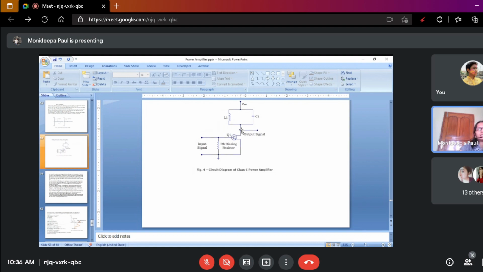That means, if you want only the 10 kilohertz signal, then by adjusting the values of L and C, we can pick up only the 10 kilohertz signal from the input signal. Only the 10 kilohertz signal passes through the output circuit, but in amplified form, because this is the amplifier.